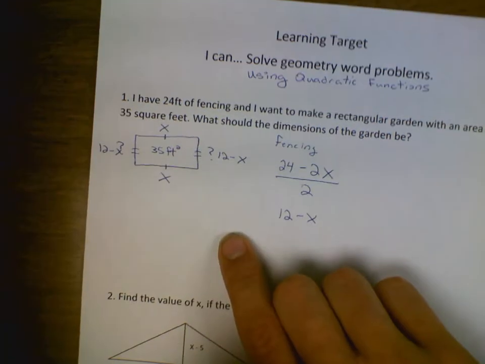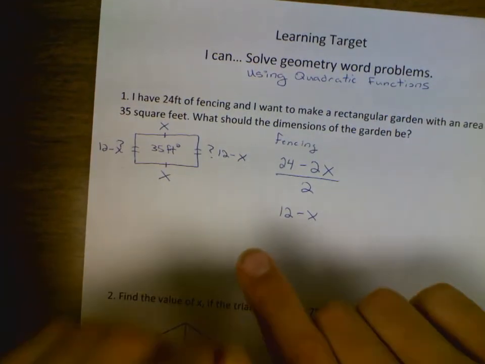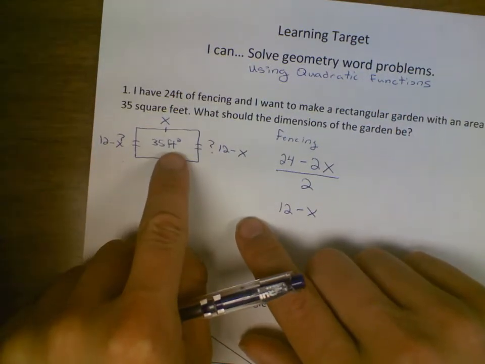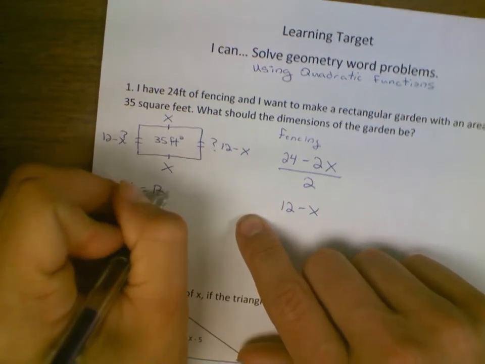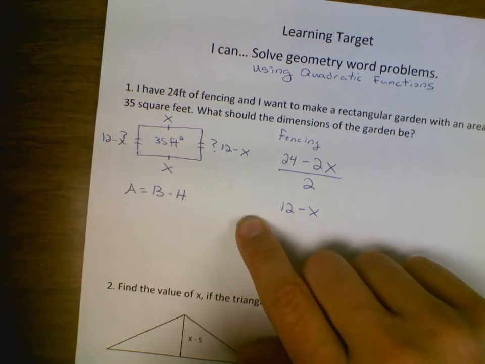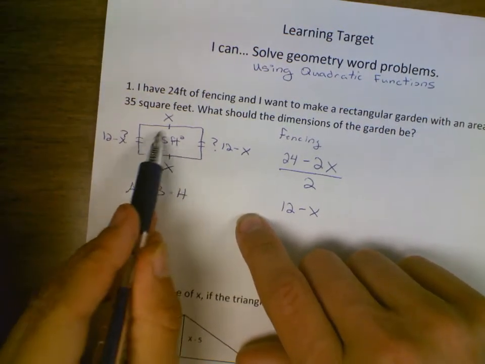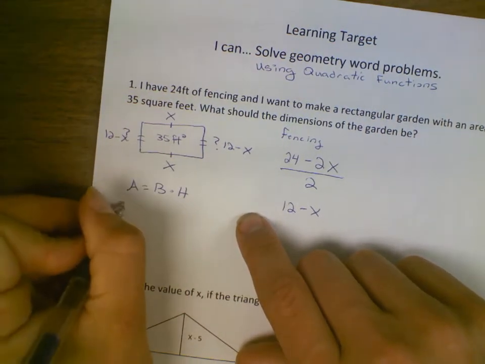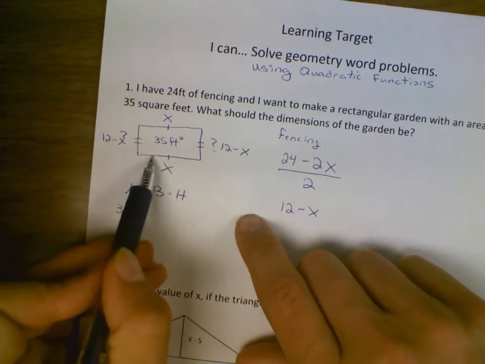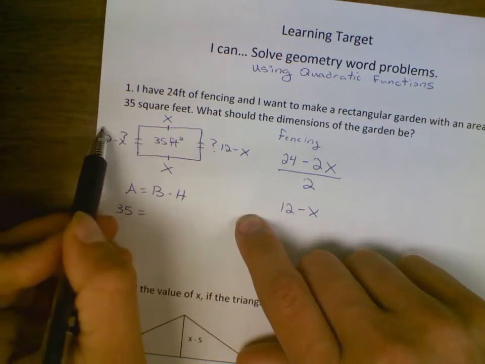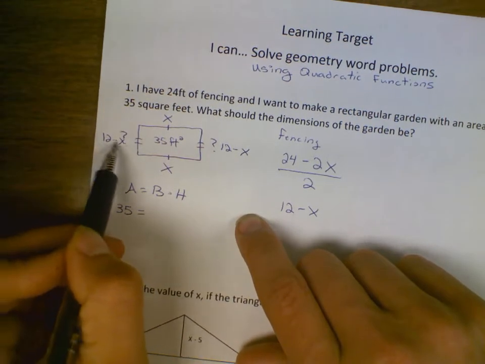and this one would be 12 minus x. Okay? Now, to calculate the area of a rectangle, remember, area equals your base times your height. They're telling me that the area needs to be 35 feet squared. So I'm going to write 35 for the area. That's when I take the base, which is x, and I multiply by the height, which is 12 minus x.